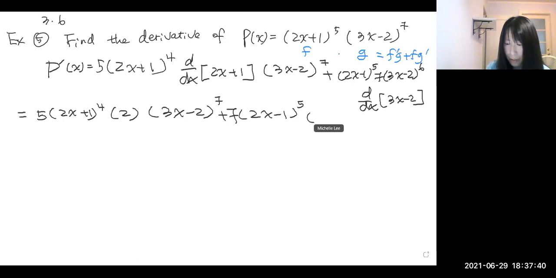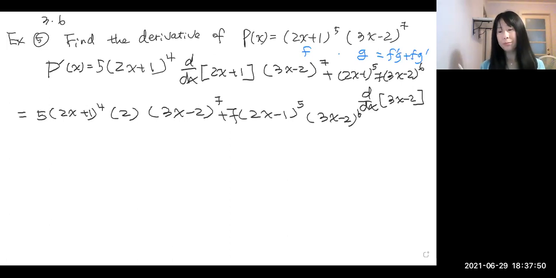Then we have (3x minus 2) to the 6th power. Now, the derivative of 3x minus 2, what do you get? 3.